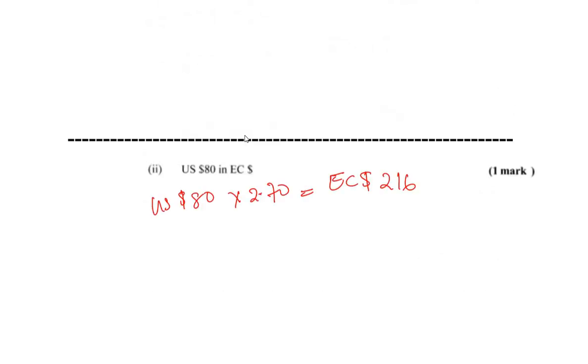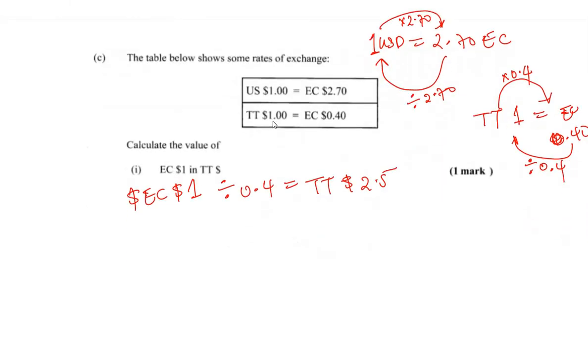So if I have 648 TT dollars, I'm going to first convert from TT to EC, then from EC to US.